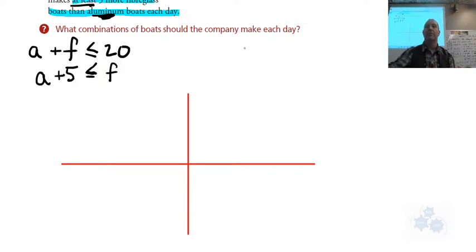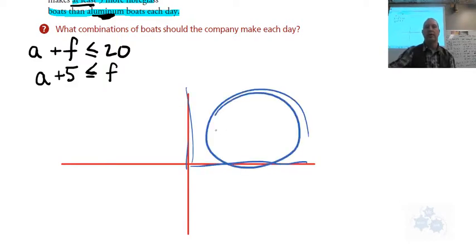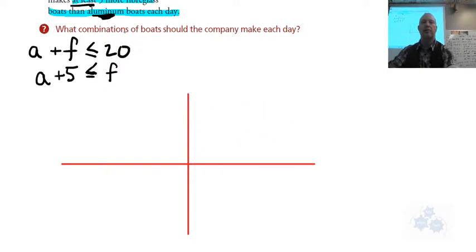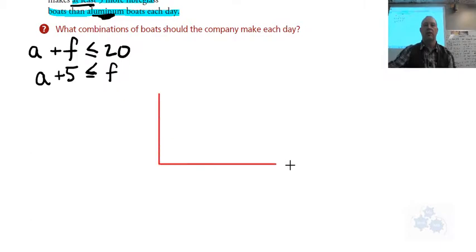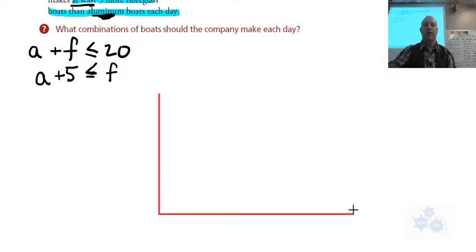You can't have a negative number of boats being made. And F has to be greater than or equal to 0. So really, we are just focused on quadrant 1. Instead of making a full coordinate plane, you could just do one sort of like this, knowing that we don't have any negatives involved.